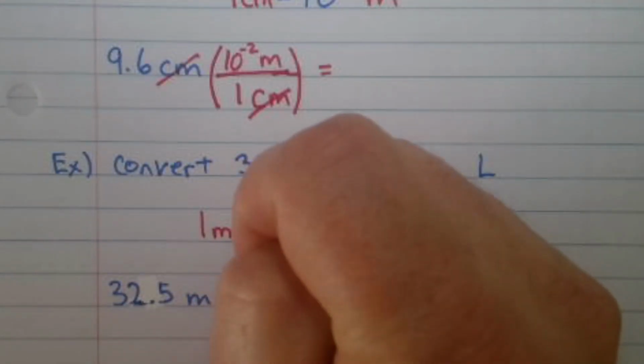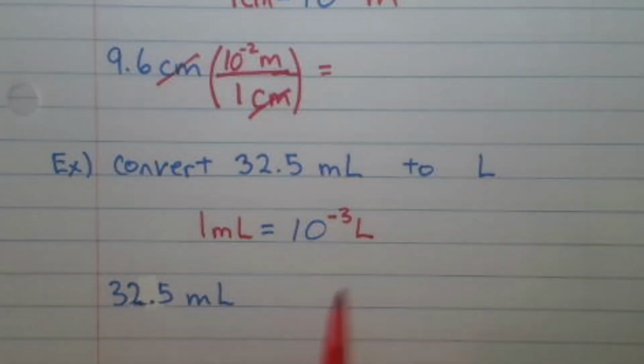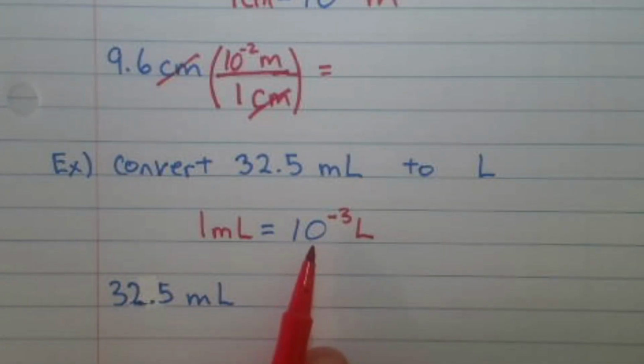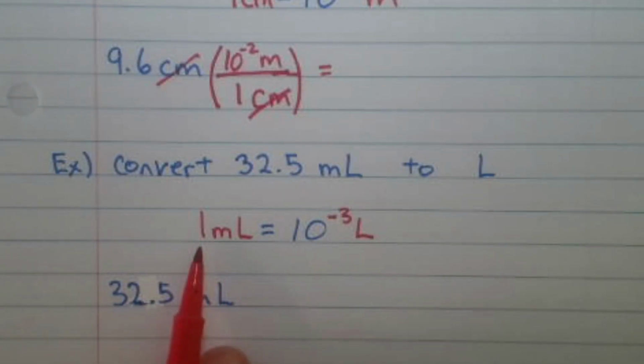Again, my base unit is liters. My prefixed unit is milliliters. Scientific notation is always with the base unit. The prefixed unit is always with 1.